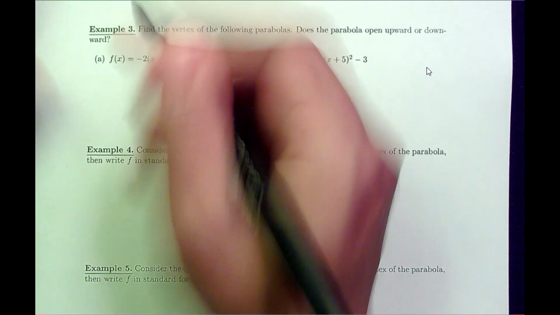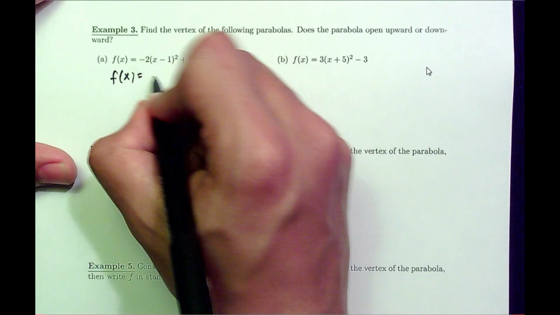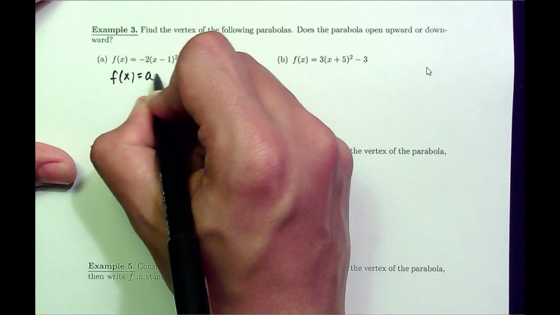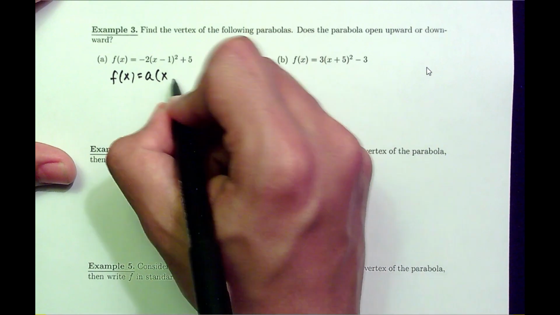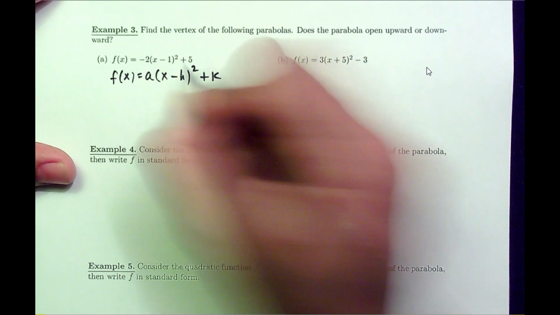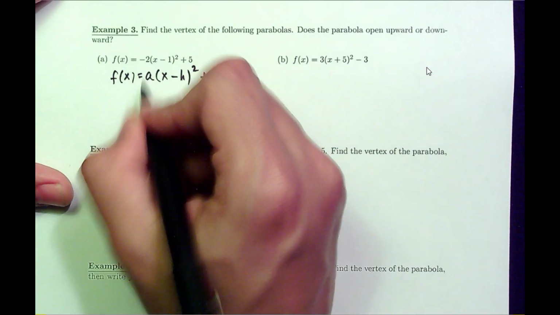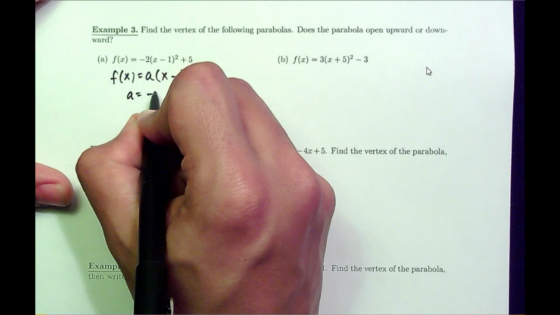So basically, you just compare, right? The function in standard form is supposed to be a times (x minus h) squared plus k. And just comparing directly, you can tell what a is, what h is, and what k is. You can tell that a equals -2.